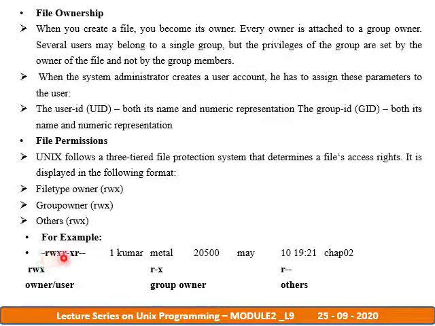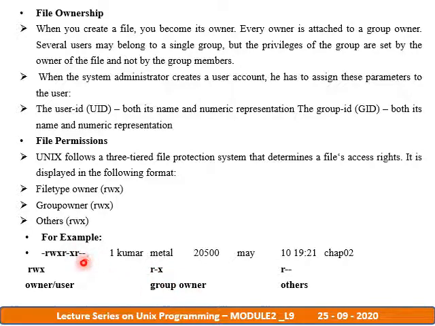Then the next three characters are for the owner, or normally we say the user. You can see in the first column RWX, meaning read, write, and execute permissions are assigned to the owner. The next three characters are R-X, indicating that read and execute permissions are assigned to the group owner, the second group.